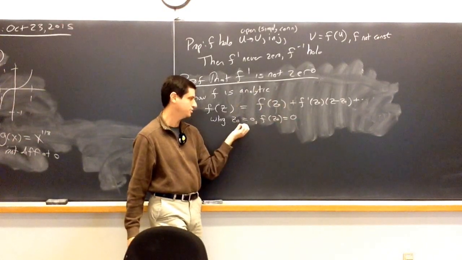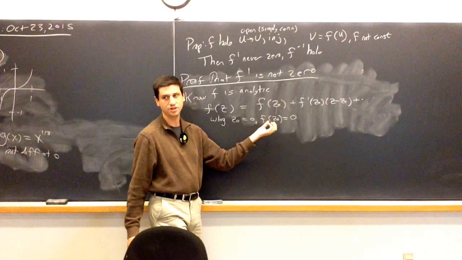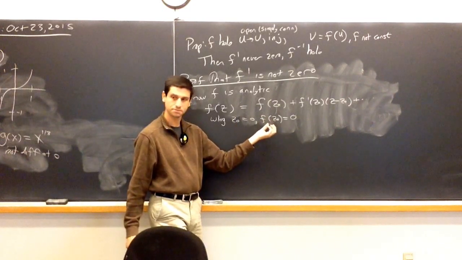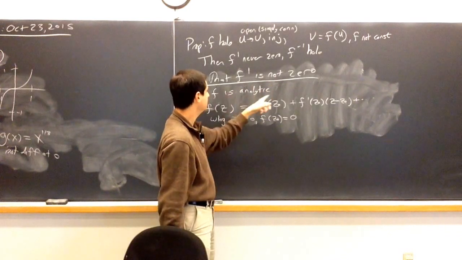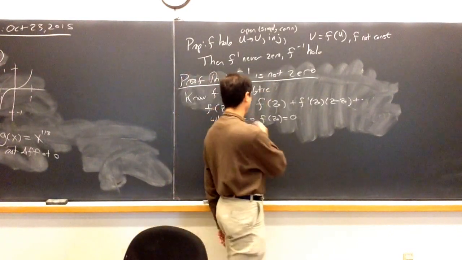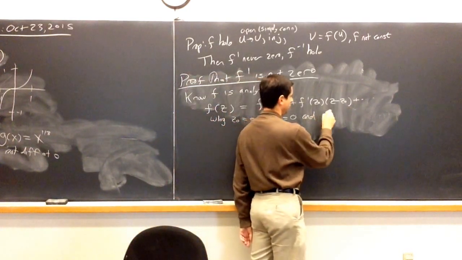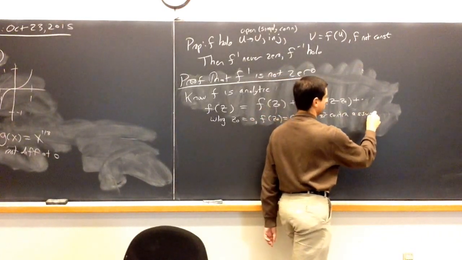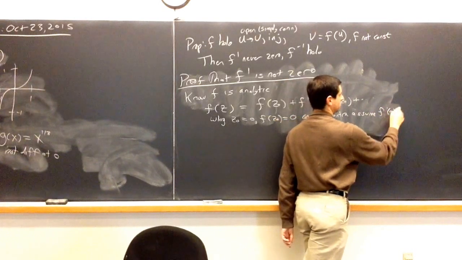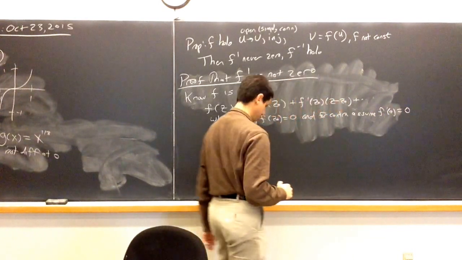We can assume z naught is 0. We can assume f of z naught is 0. And for a contradiction, assume f prime of 0 is 0.